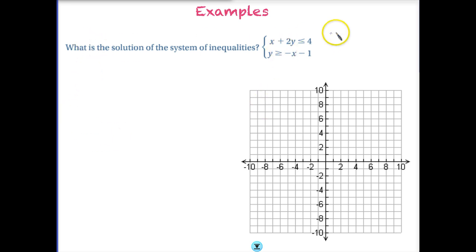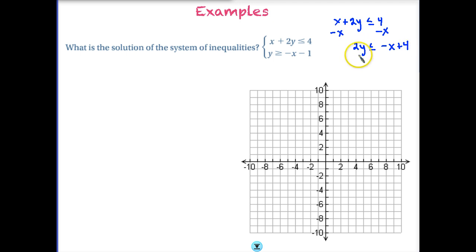So our top one we have x plus 2y is less than or equal to 4. I need to move the x over to the other side, so I'll go ahead and subtract x from both sides. And I'm left with 2y on the left side is less than or equal to, I'll write my minus x first, plus 4.